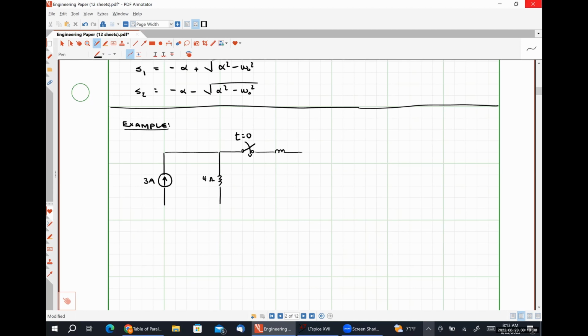We are going to have a 1/4 of a Henry inductor here. Let's see, 40 millifarad capacitor here. And let's make this a 1 ohm resistor here.